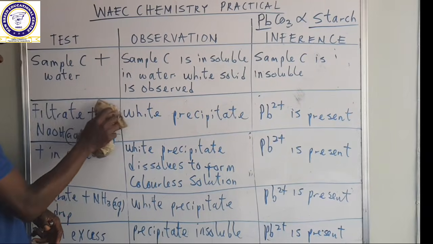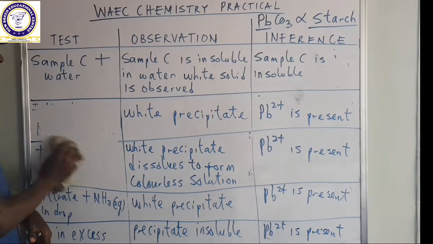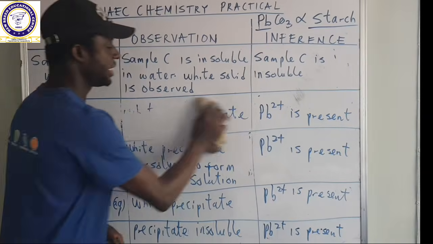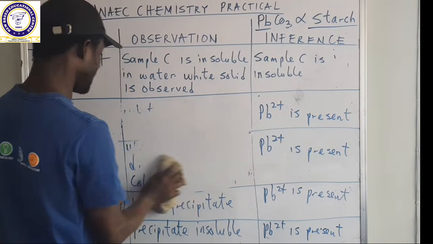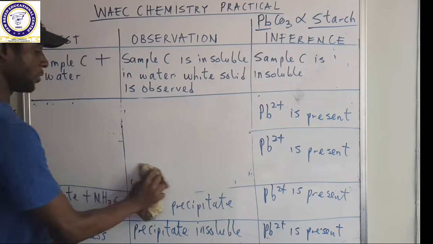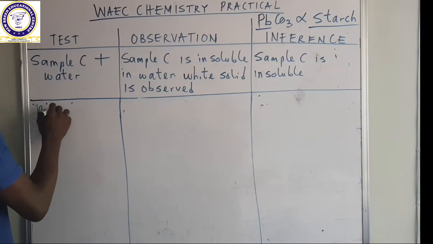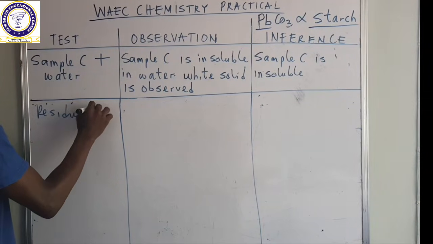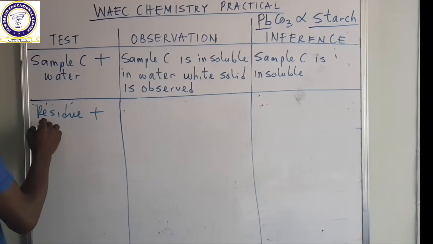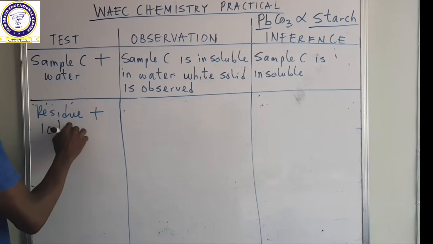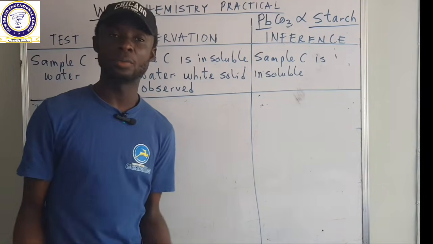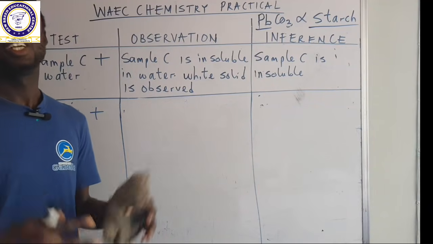Now the remaining thing that we want to test for here is starch, and that is the last aspect of this work that we are doing today. So that will be our residue plus iodine. The reagent that we use to test for starch is iodine.